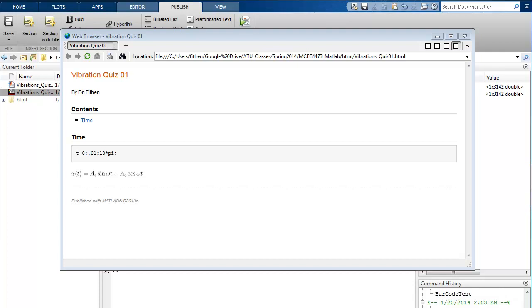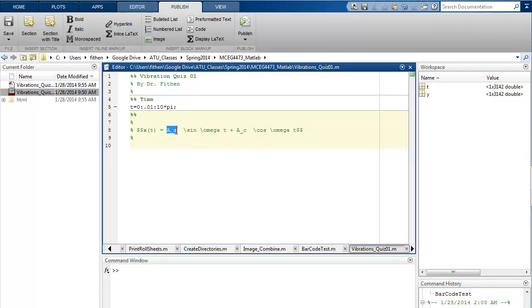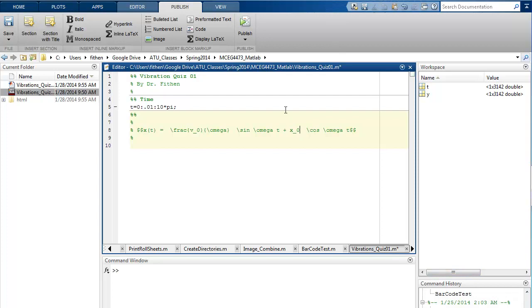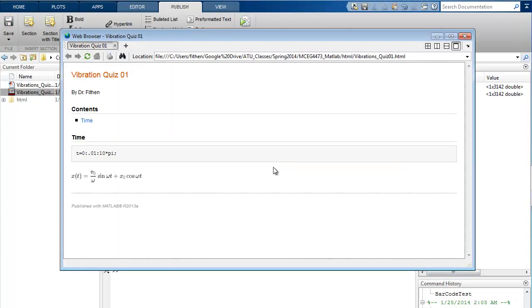So I'm going to solve that in a second by changing these terms. I'm going to replace this one, and I'm going to replace this one. Publish it again, and what you end up with is the actual initial conditions.